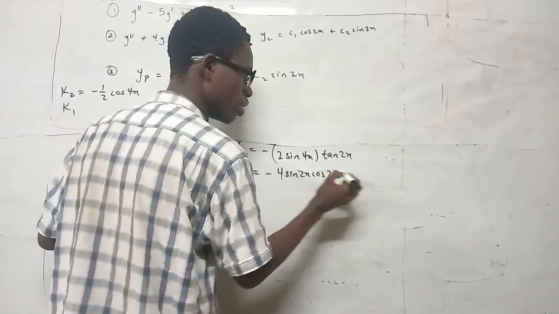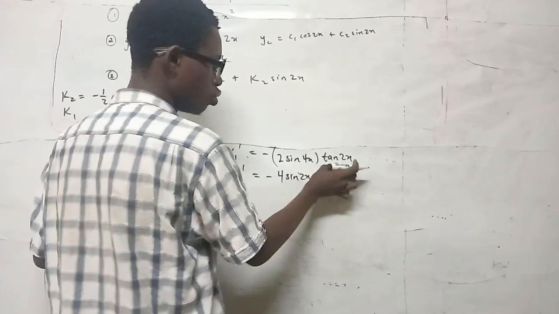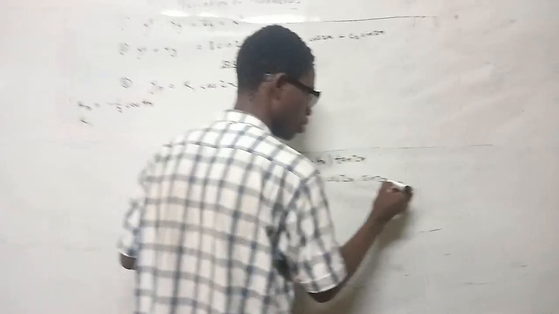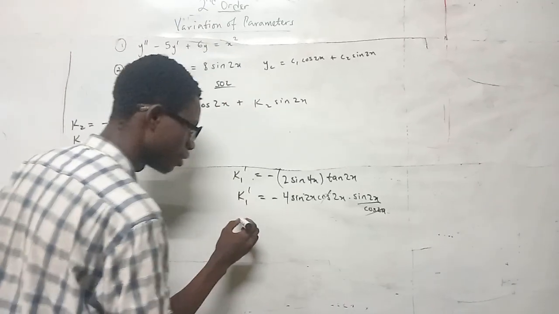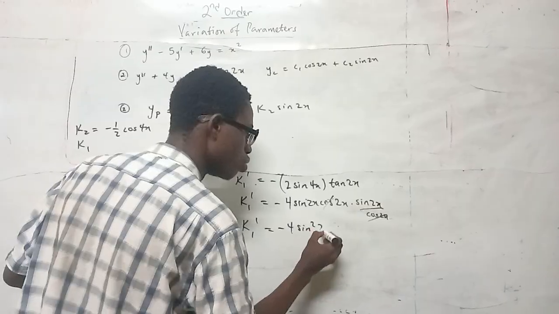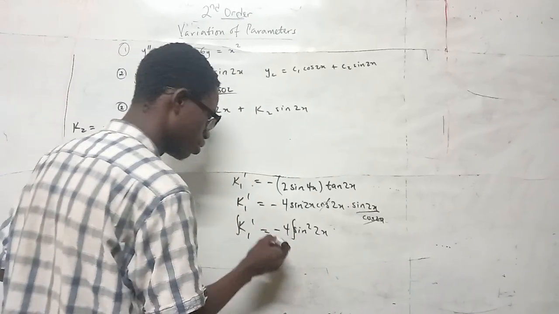This is what we brought from the onset, what we turned into sine 2x. Tan 2x is the same thing as sine 2x over cos 2x. So I can cancel out cos 2x on both sides and say I have k1 prime equals minus 4 sine squared 2x. So this is what we are now going to integrate. We are going to integrate both sides to get our k1.